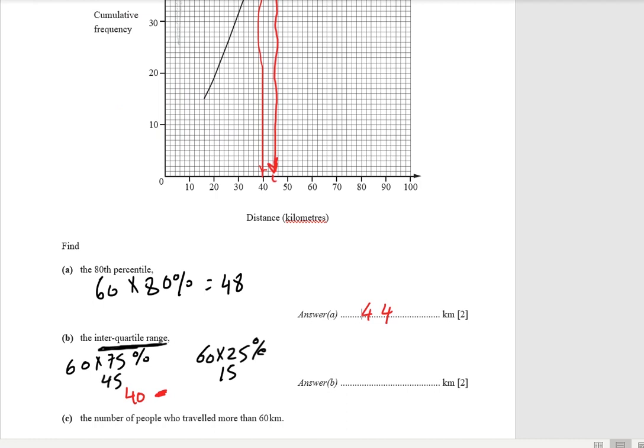Where is 15? Let us go to 15. 1, 2, 3, 4, 5. This is 15. So we'll go here straight as we can. And here is the number. Okay. And then we go down here.